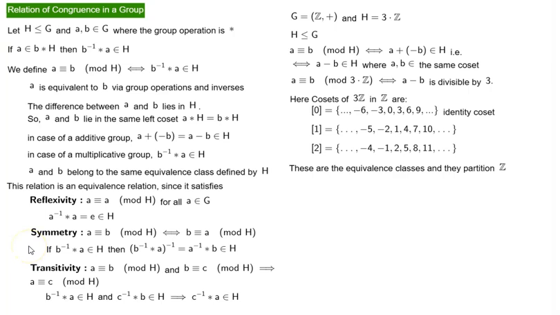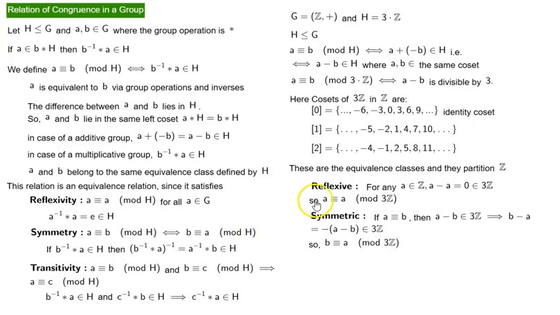Now let's look at the equivalence properties. Reflexive: for any A in Z, A minus A equals 0, which is in 3Z, because 0 is in 3Z. So A is congruent to A mod 3Z.